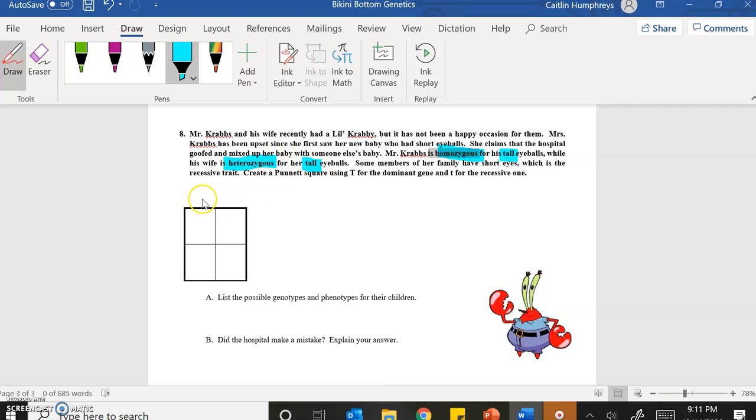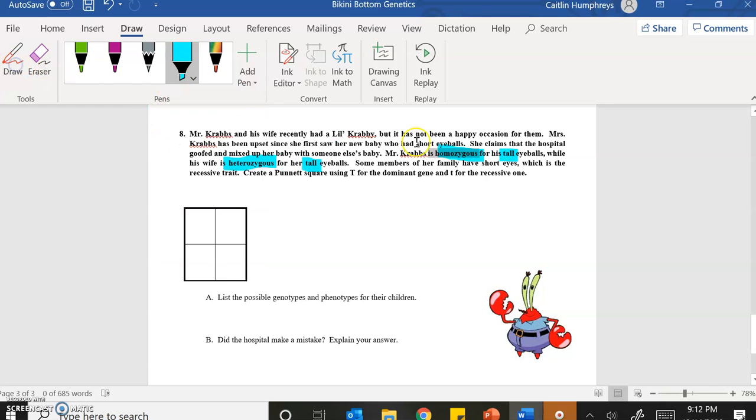So we should have capital and capital lowercase. Now, some members of her family have short eyes, which is recessive, so we know that because she's heterozygous. So create a Punnett square for capital and capital lowercase.